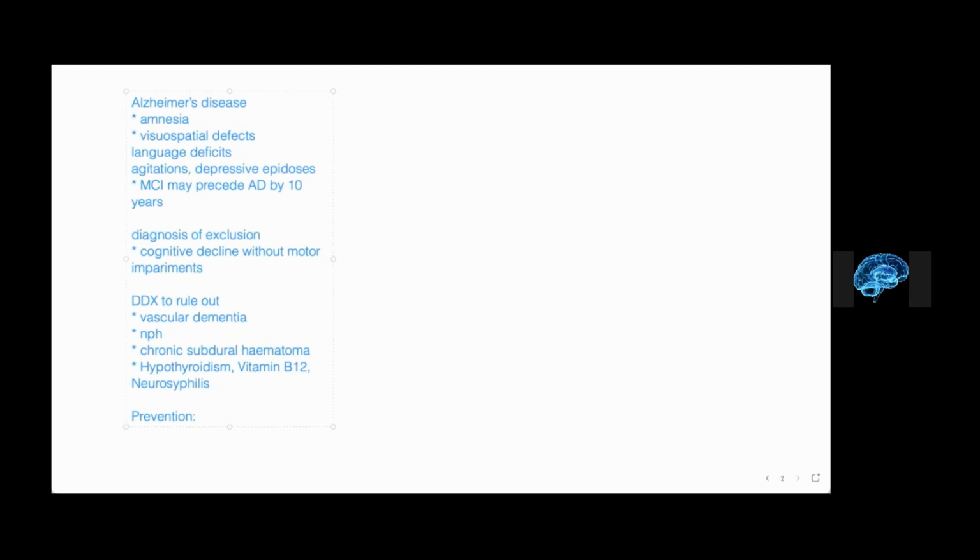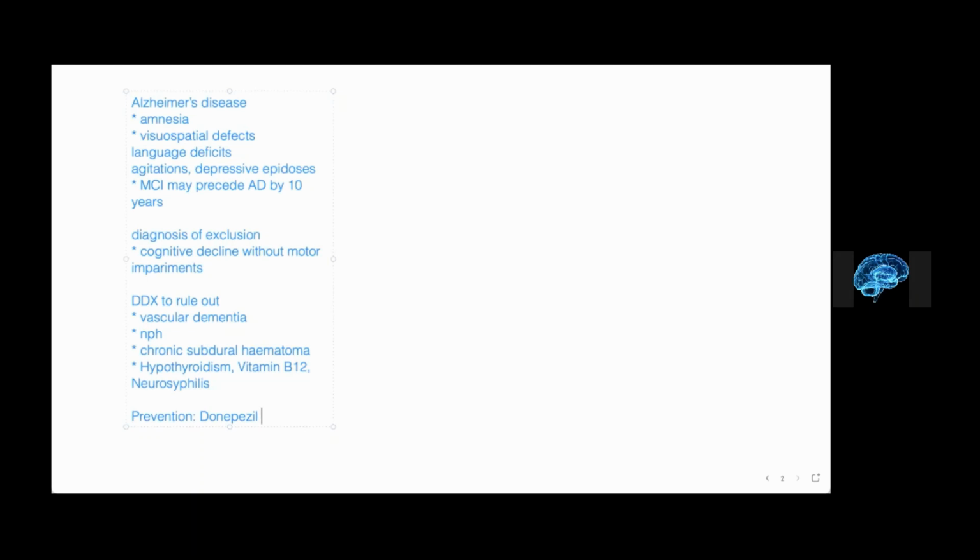So for prevention, so preventing the disease from progressing, usually donepezil is the first-line treatment. Does anyone know what donepezil is in terms of mechanism of action? It's an ACh esterase inhibitor. Yeah, very good. Cholinesterase inhibitors.